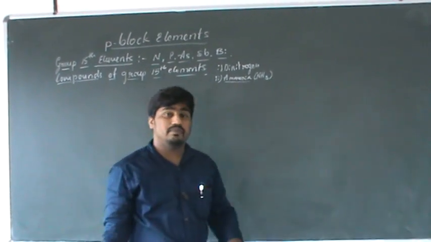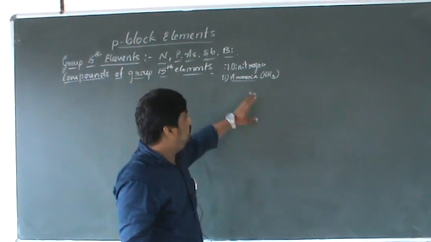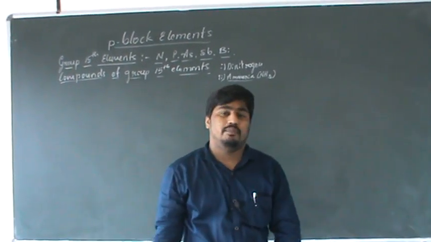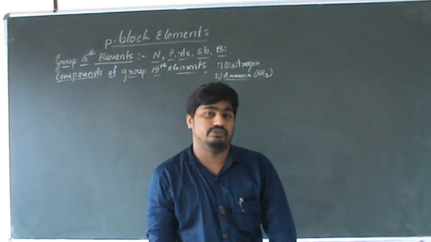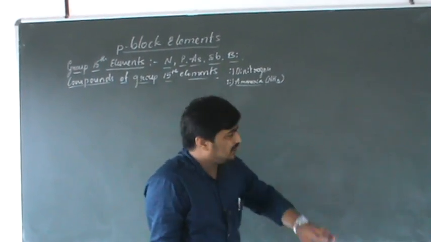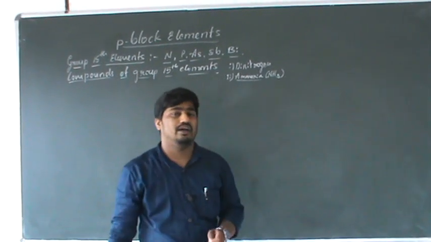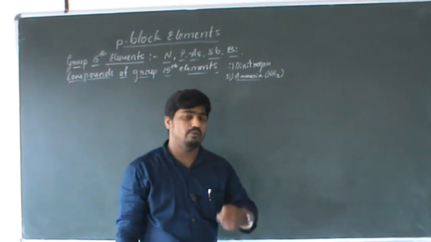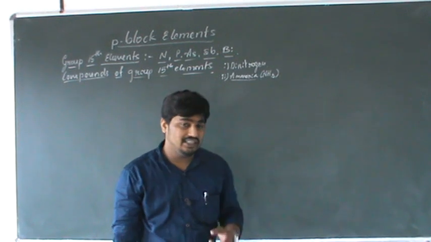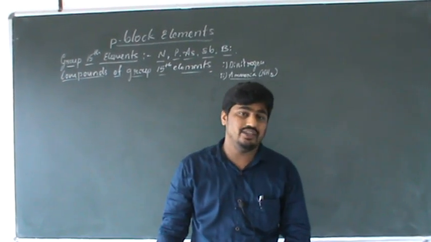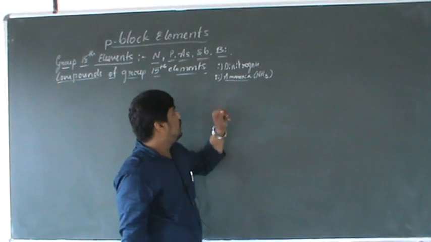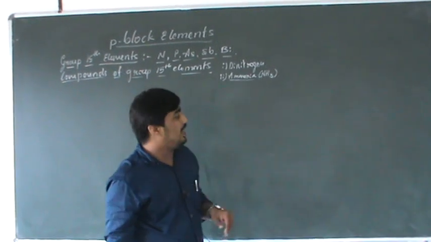In the group 15 elements, ammonia is a very important part from your exam point of view. The preparation of ammonia involves two different methods. One is the laboratory method, so you are already doing the same process in your lab.